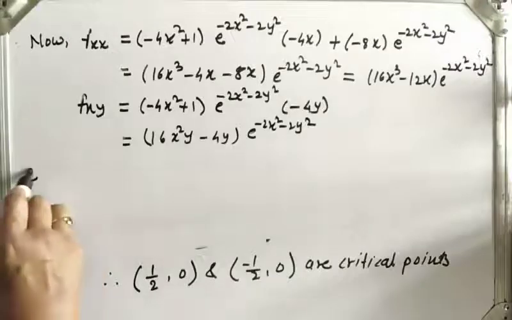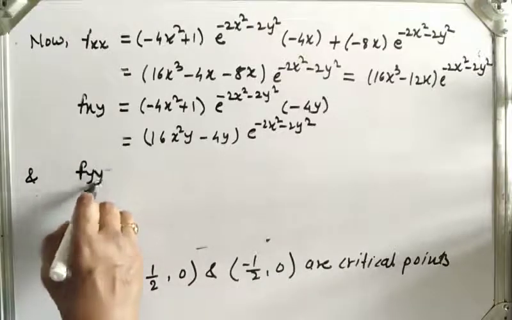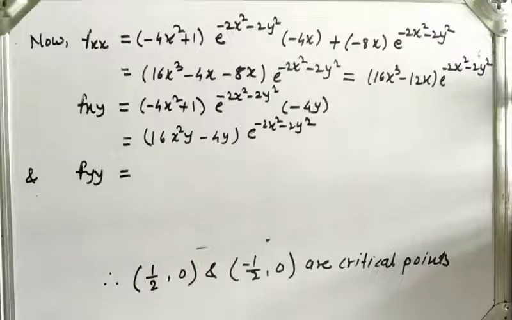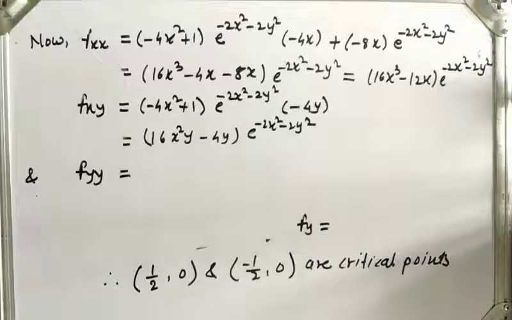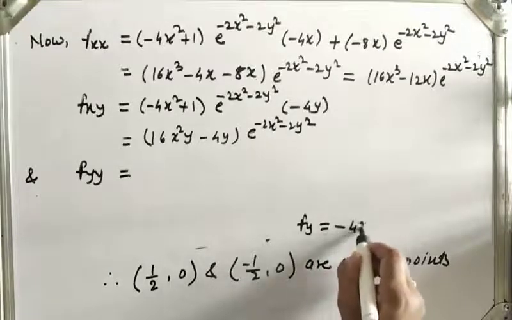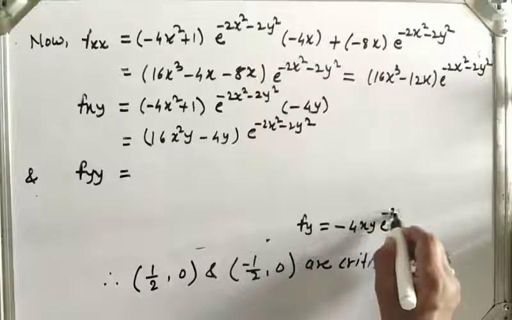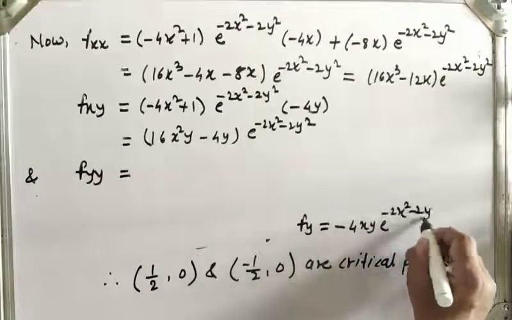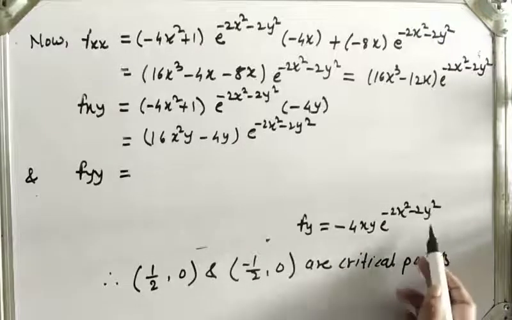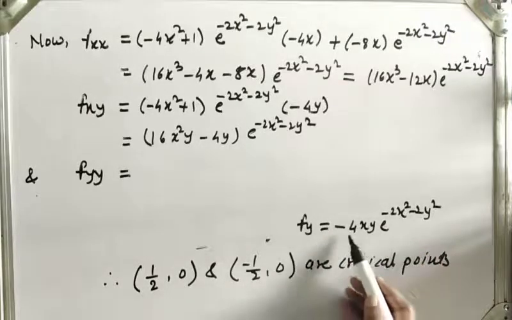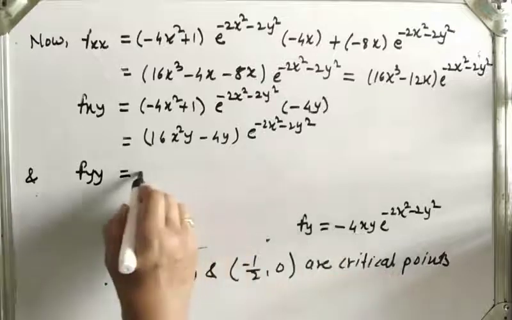Then fyy. fyy is equal to, what is our fy? Our fy, we calculated this, is minus 4xy e raised to minus 2x square minus 2y square. So again take its partial derivative with respect to y. For that, minus 4x is constant.